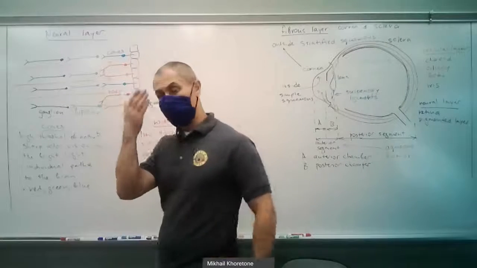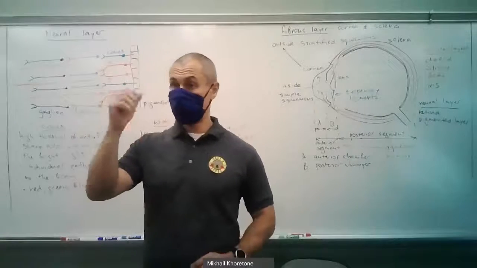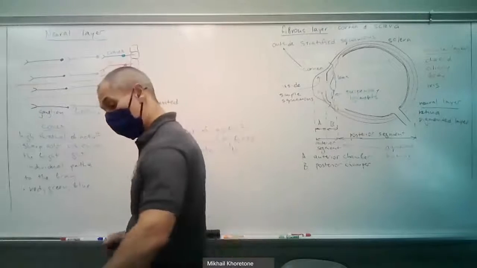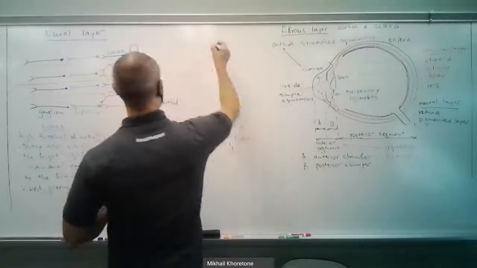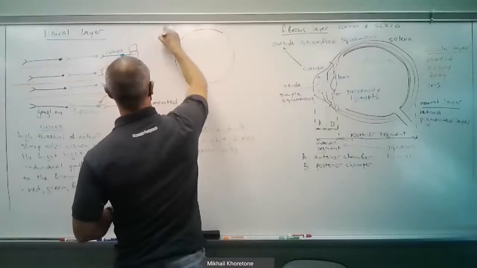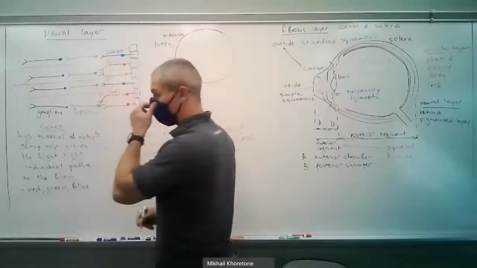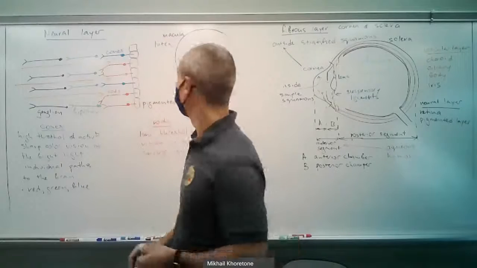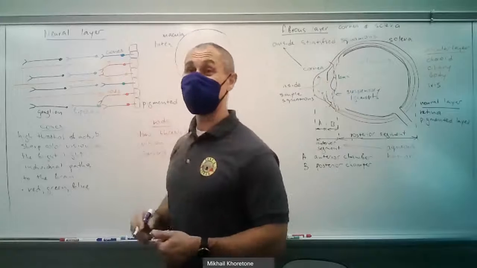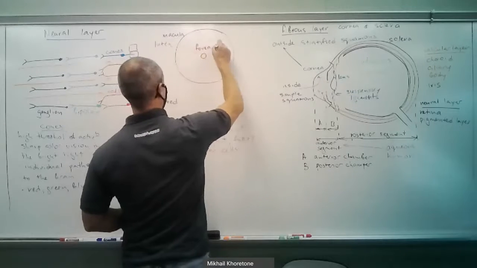So in the back of your eye, if you take an ophthalmoscope and look in the eye of a person with the light, in the back of the eye you can see a loosely defined structure called macula lutea, literally a yellow spot. In the center of that yellow spot is a tiny, tiny little area called fovea centralis.